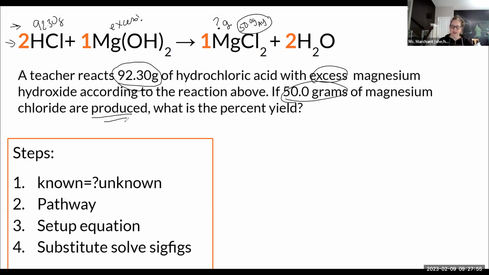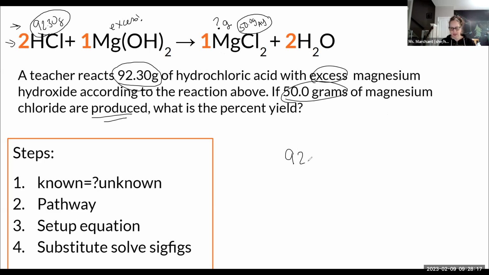So that's just the indication that the product that I need to stoich to is magnesium chloride because the product, magnesium chloride, has the yield associated with it. So in this case, I'm only going to need one stoich because I only have one known with information. And I'm going to stoich to the product of the yield.